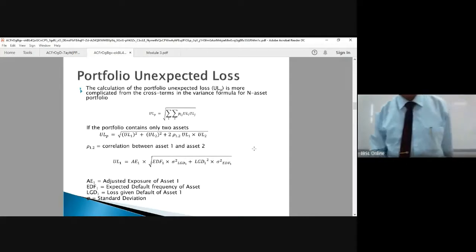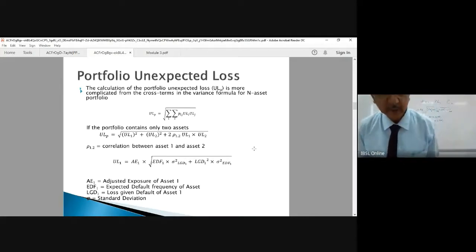Now, in the case of this variance, sigma squared of LGD1, that is the square of standard deviation. So there you need to think that LGD, loss given default, is a variable, and it has a standard deviation also.